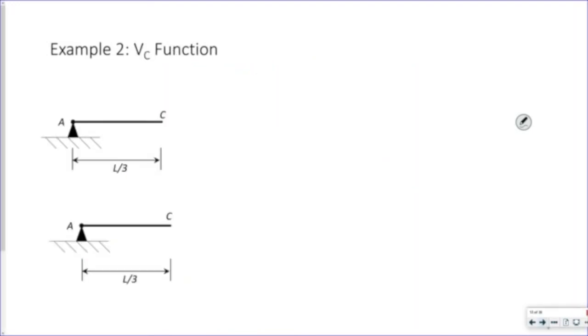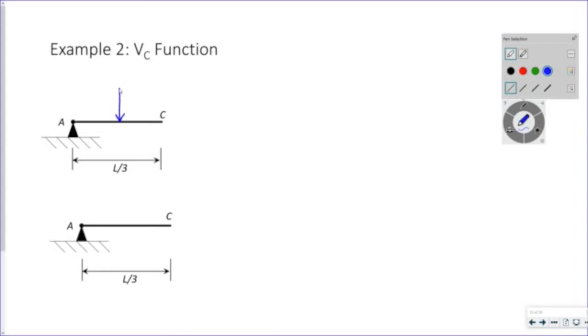Now let's look at my shear. Well, my shear at C, at a specific point C that is always L over 3 from the support A, I have two scenarios. I have my load P on this segment or my load P off the segment, right?